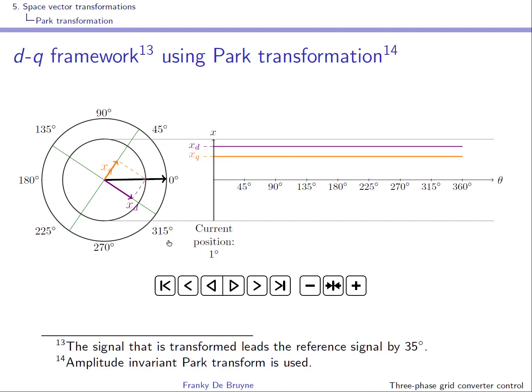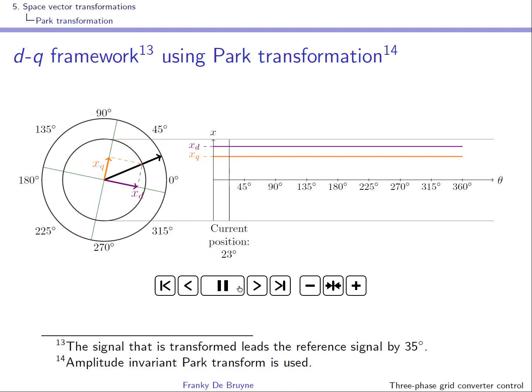So from the perspective of this rotating frame, everything looks fixed, and the rotating vector is simply expressed in this rotating frame. So you have a D component and a Q component.